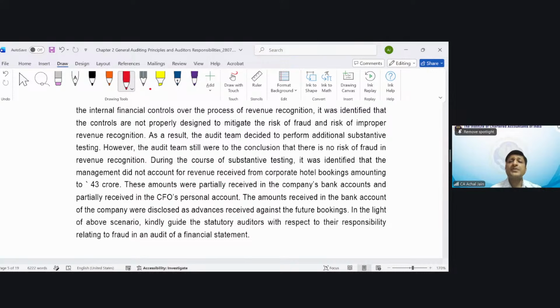During the course of substantive testing, it was identified that management did not account for revenue received from corporate hotel bookings amounting to 43 crore. Yes, that's an observation.